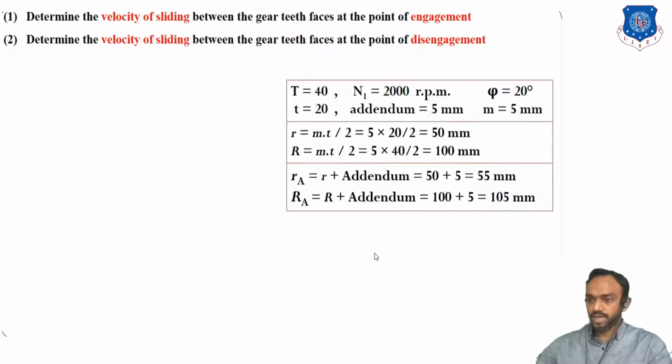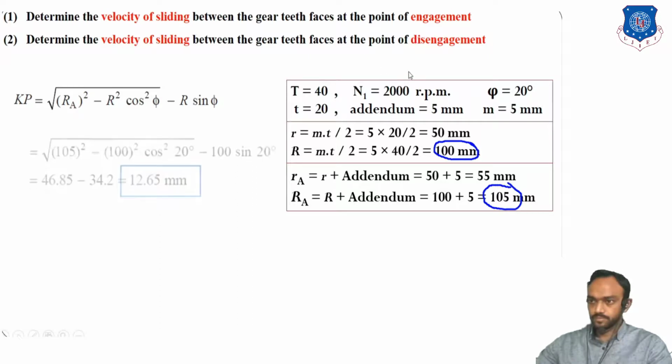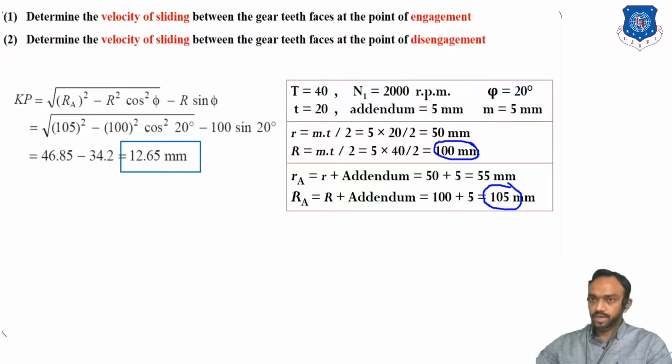So after that we will find the Kp. Equation is the same, square root of capital RA square minus R square. Capital RA is 105 and R is 100. Put in equation, and we will find 12.65.